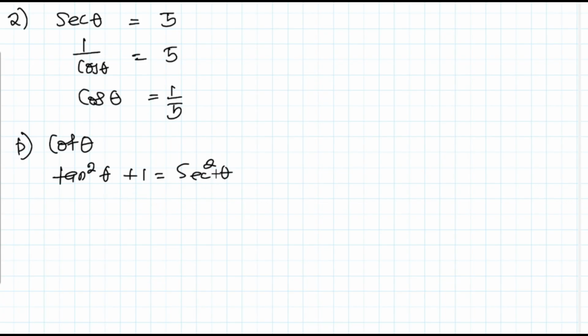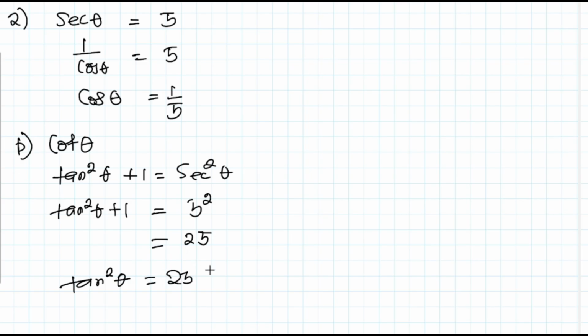We know that sec theta is 5, so sec square theta is 5 squared. So tan square theta plus 1 equals 25. Therefore tan square theta equals 25 minus 1, which is 24.